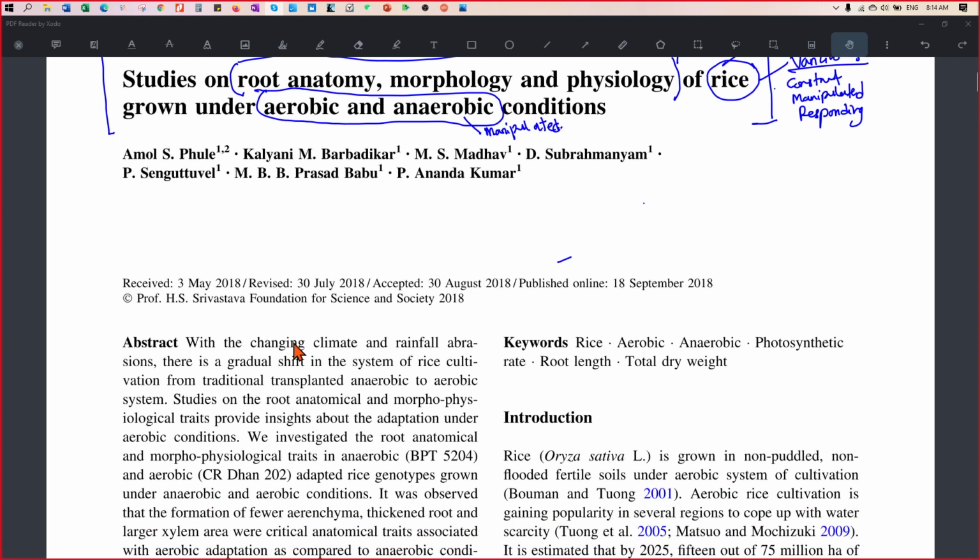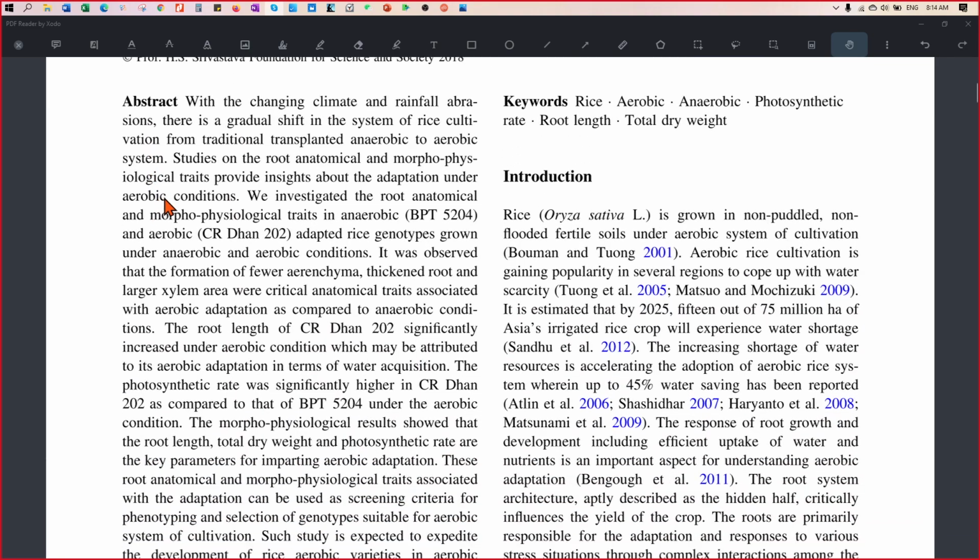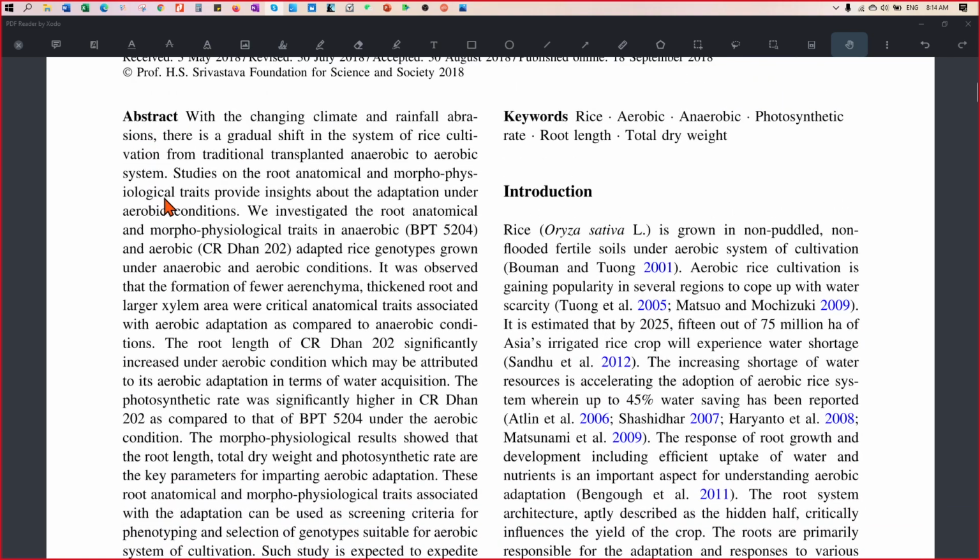Okay. All right. Then you will also have an abstract. So let's read. I told you, right? This is going to be a bit slow, but I want to get it right with you. So it says, with the changing climate and rainfall aberrations, there is a gradual shift in the system of rice cultivation from traditional transplanted anaerobic to aerobic system.